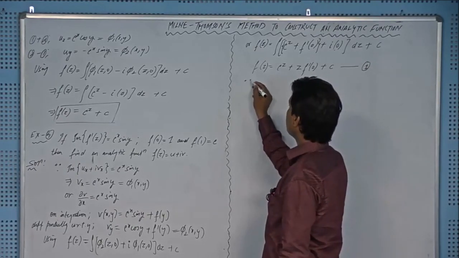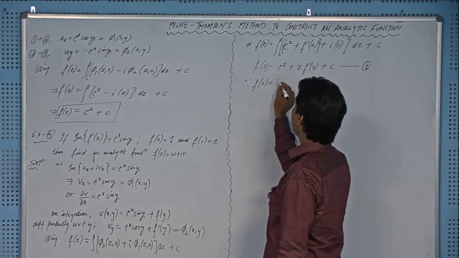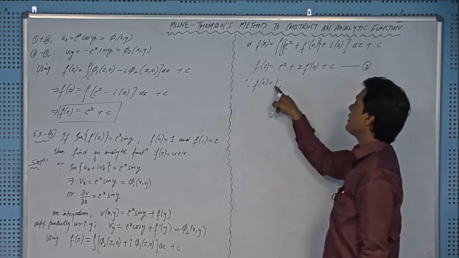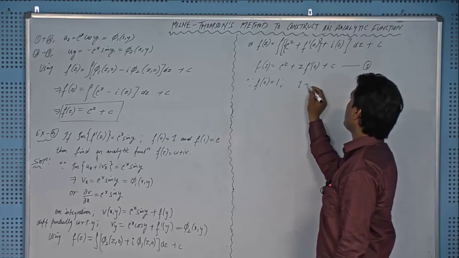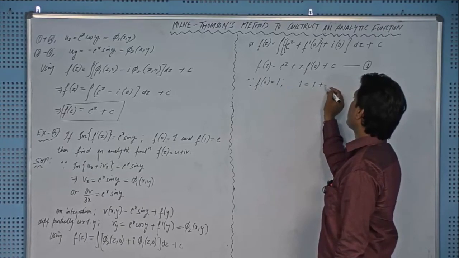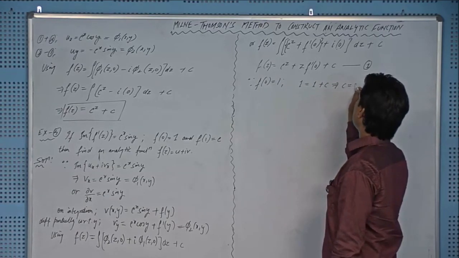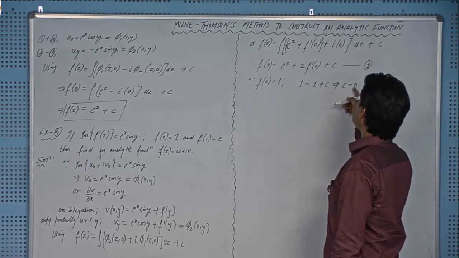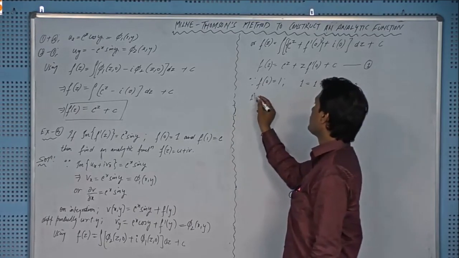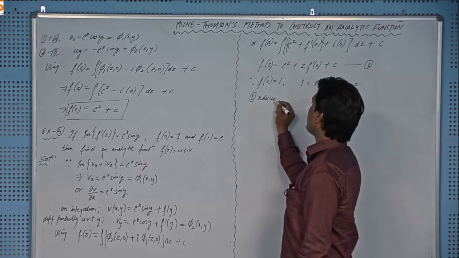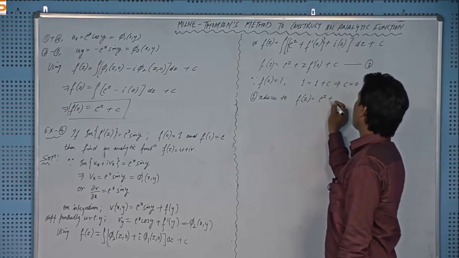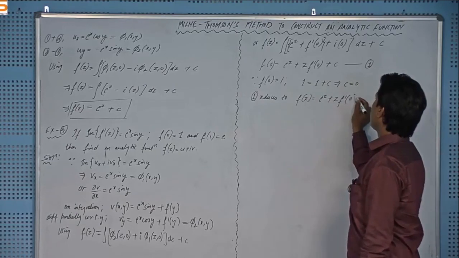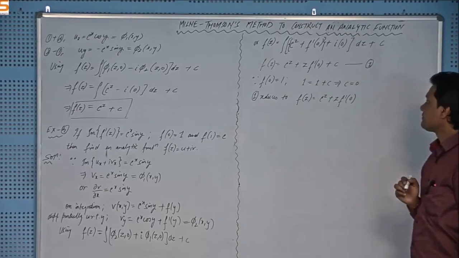Since f(0) equals 1, put z equal to 0 and f(z) equal to 1, I will have 1 equal to 1 plus c, and that will produce c equal to 0. Having c equal to 0, my equation 1 reduces to f(z) equal to e to the power z plus z times f dash 0.